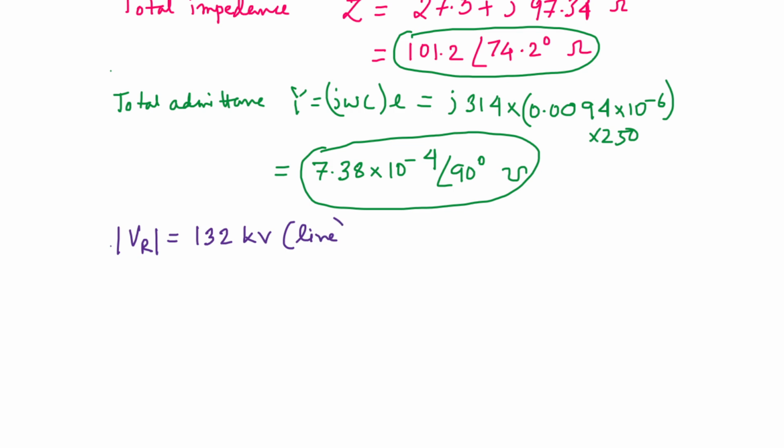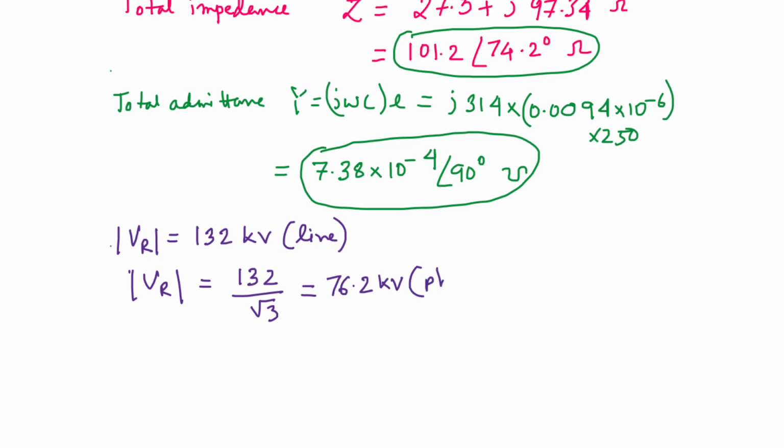So we have VR phase, that is equal to 132 kV by root 3, which is equal to 76.2 kV.